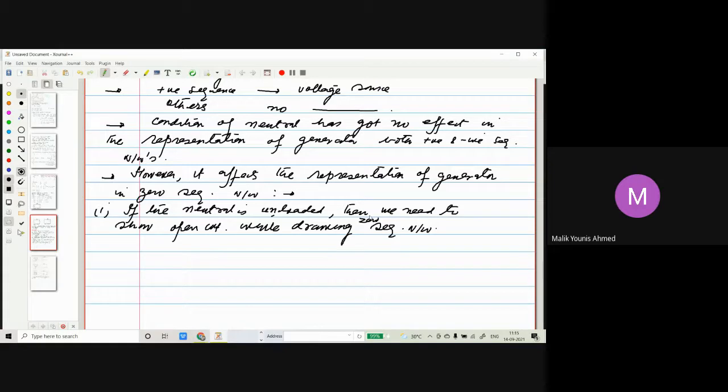So if the neutral is not grounded, that means there's no connection between the neutral point and the ground, then while drawing the network, we need to show that as an open circuit. I will clarify it after this.